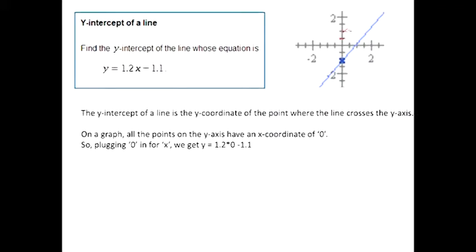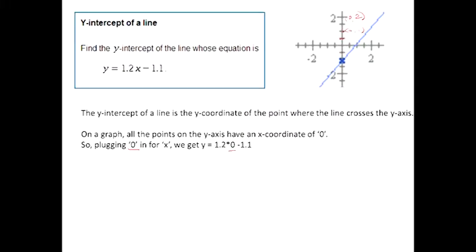This is (0, 1), then (0, 1.5), (0, 2), and so on going up, and going down (0, -1.5), (0, -1). Now, on the graph, if we plug in 0 for x, we'll get the y-intercept.